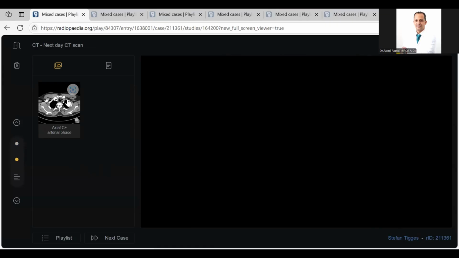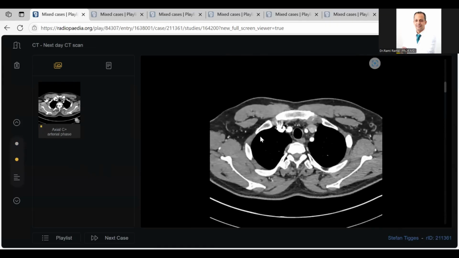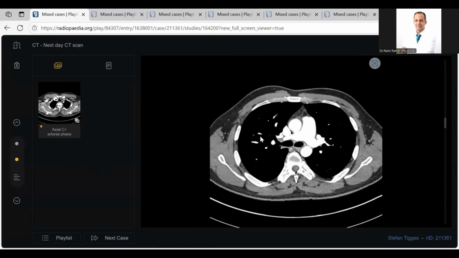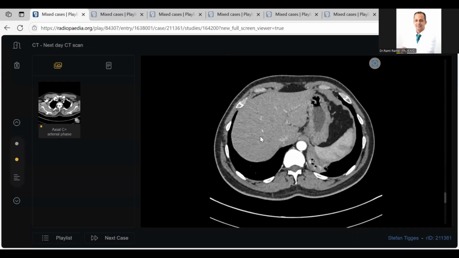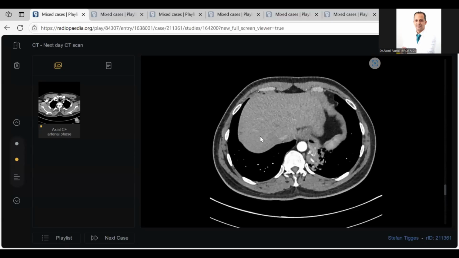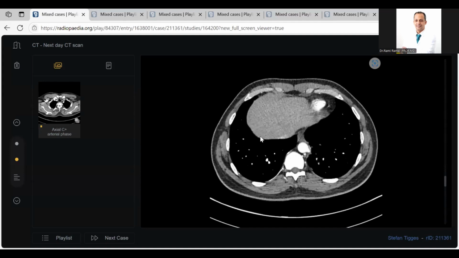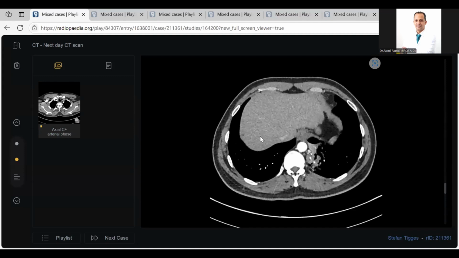So there is some sort of consolidation, mass, almost consolidation. The CT confirms this consolidative mass with cystic changes supplied from the aorta. So this is a sequestration.